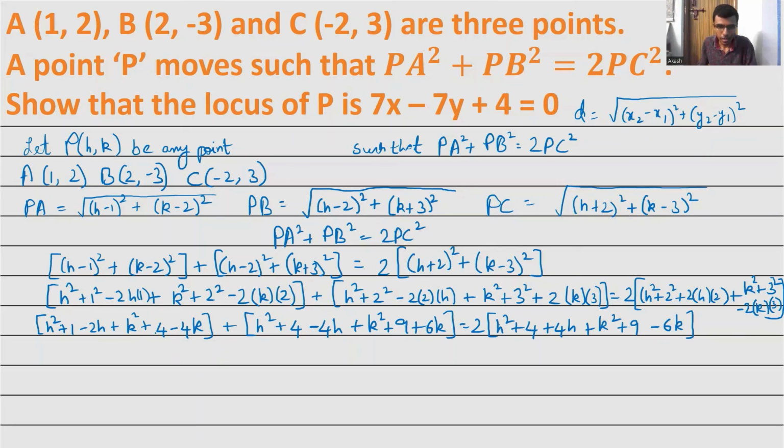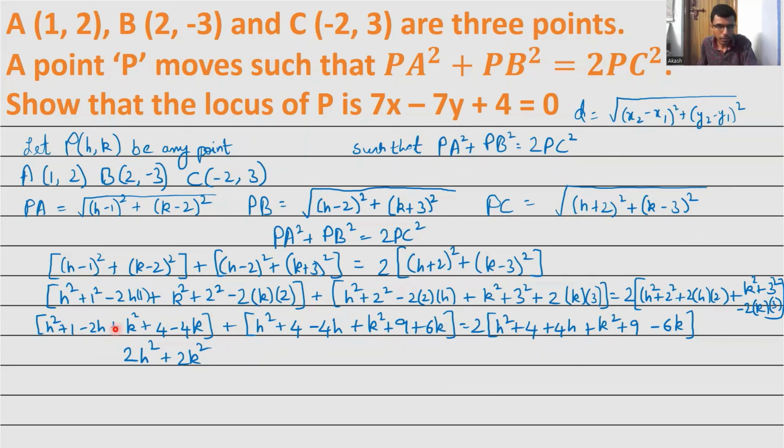Now h square plus h square is 2h square, and k square plus k square is 2k square. I'm going to write in the order h square, k square, and then h, k, and constant. That looks good for presentation. You can just add in this way also and write it, it's not a problem.